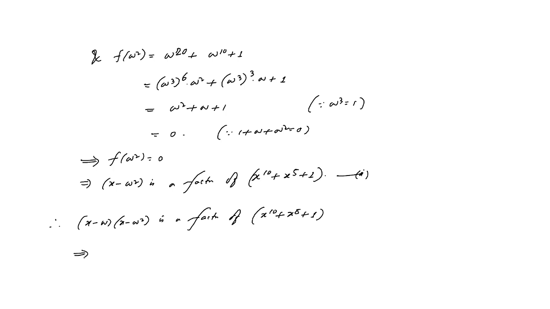That means x square plus x plus 1 is a factor of x to the power 10 plus x to the power 5 plus 1. So this is proved. Done. So these are two important problems here.